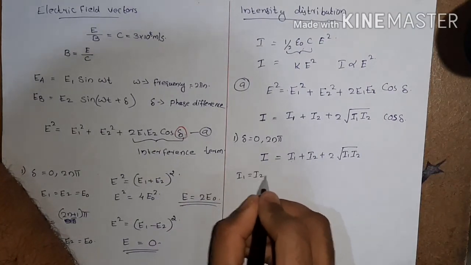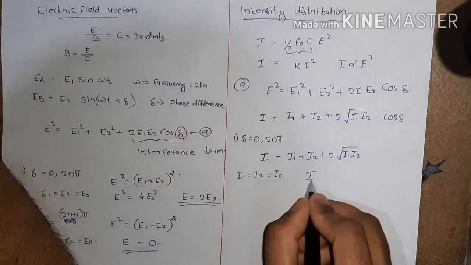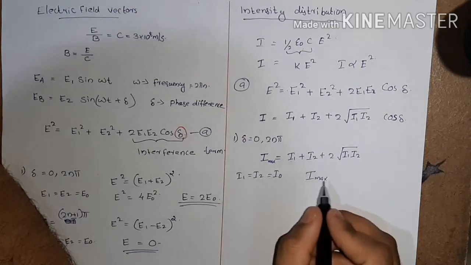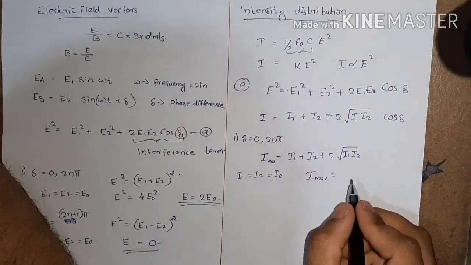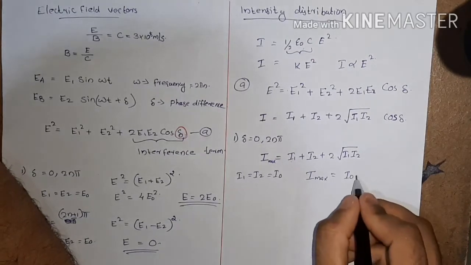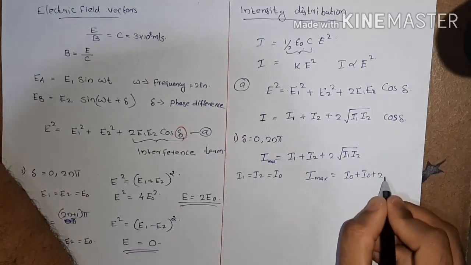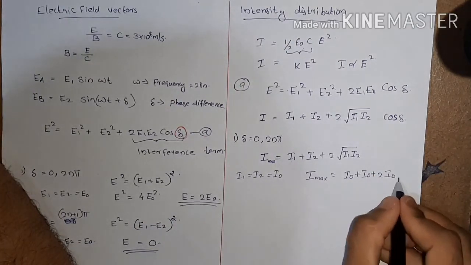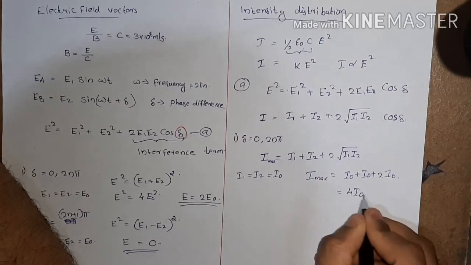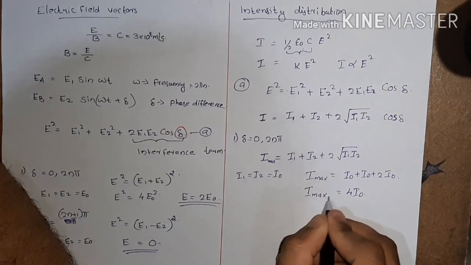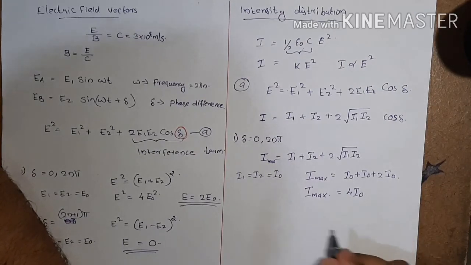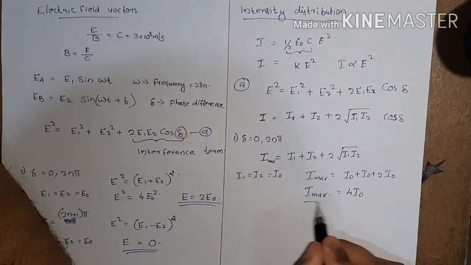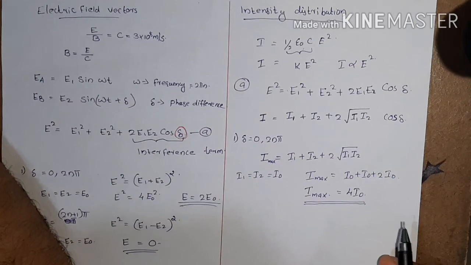If I1 equals I2 equals I0, then I max, the maximum intensity, will be equal to I0 plus I0 plus 2 into root of I0 into I0, which is I0 square, so this is also I0, which equals 4 times I0. So the maximum intensity that can be obtained by the superposition of any two waves with the same individual intensity is 4 times the individual intensity.